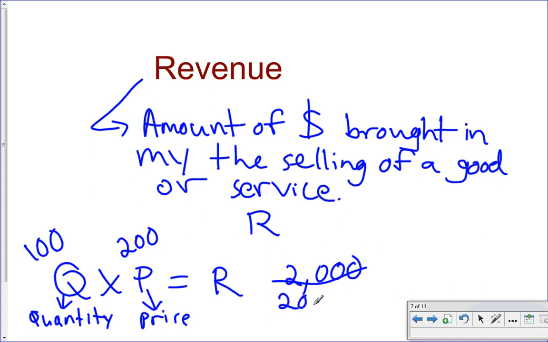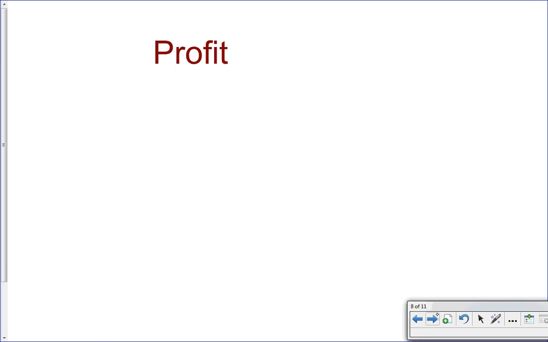There's my math skills. Okay, so our revenue would be $20,000. The amount of money that we brought in by selling a good or service. So the good we sold was the iPods. If we sold 100 iPods at $200 a piece, we'd get $20,000 of revenue.